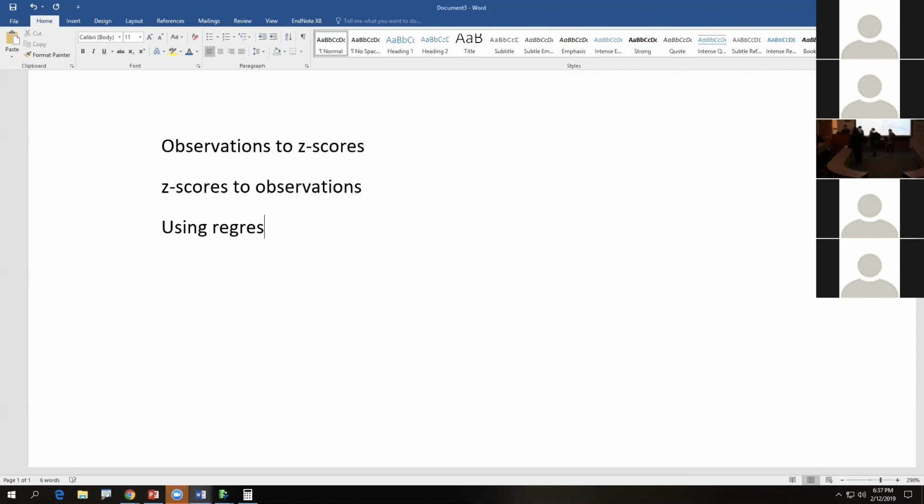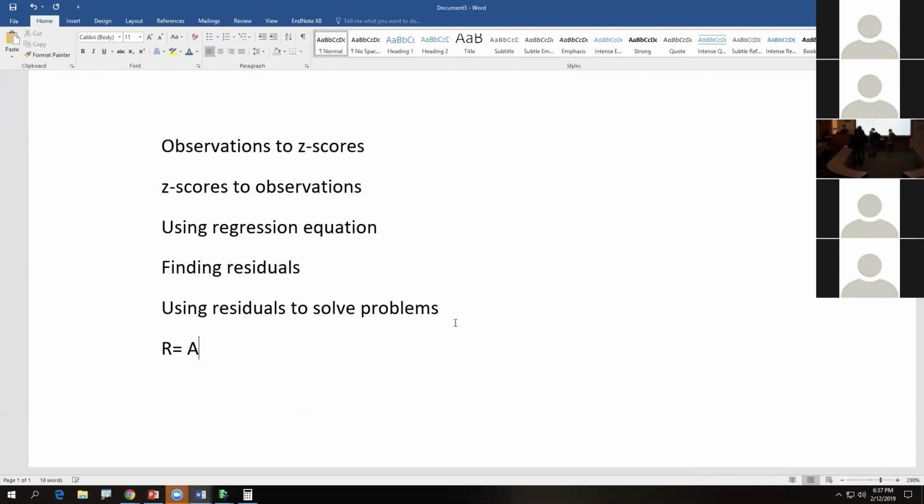Using the regression equation, finding residuals, using residuals to solve problems. So the real equations are things like y hat equals b0 plus b1x, or residual equals actual minus predicted, which is e equals y minus y hat.